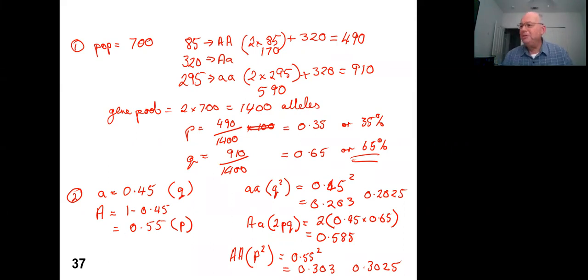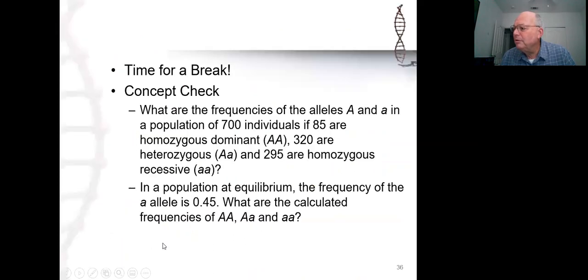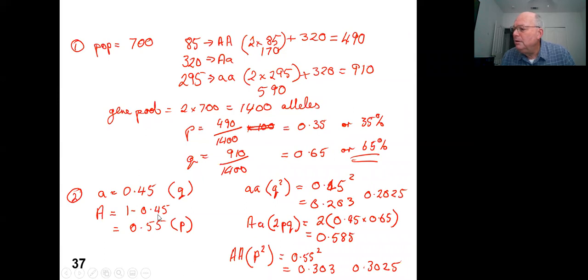Yeah, the most. Oh, I'm looking at the wrong problem. Those numbers are correct. Let's see, 0.45. So that's 0.55. That's correct. 0.55, 0.45 is 0.2025.